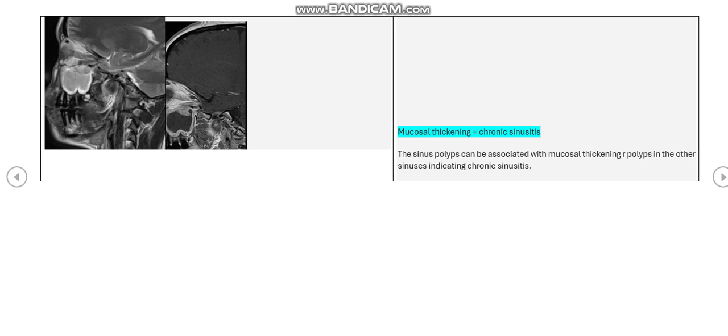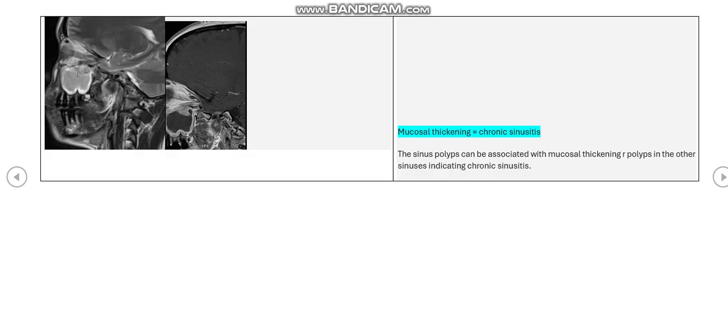In this case, this is the fungal material of low T2 signal inside the sinus, and it is surrounded by mucosal thickening. The mucosal thickening shows high T2 signal and post-contrast enhancement.